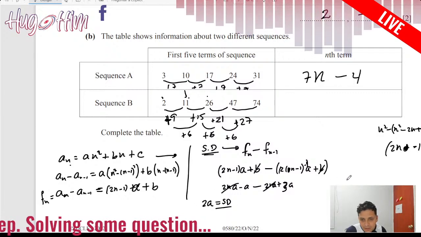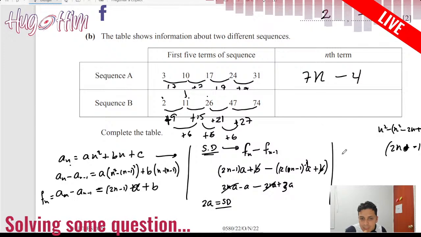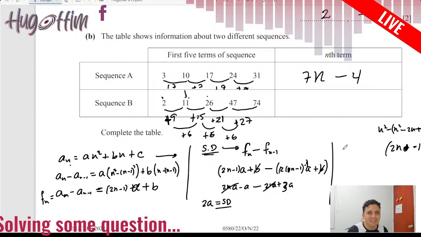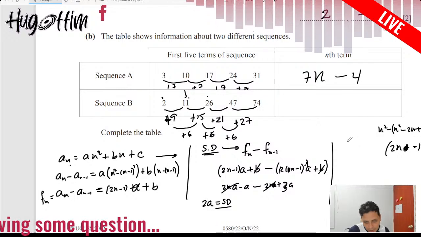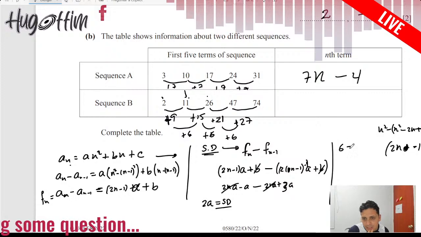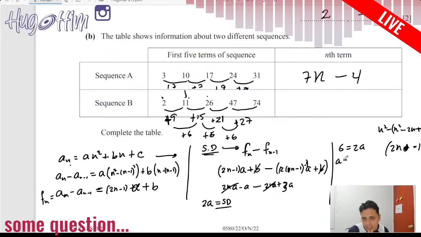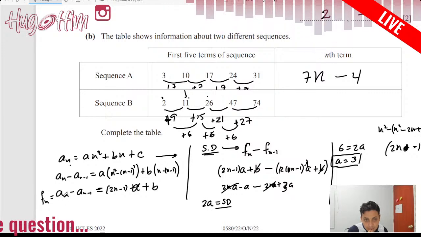As 2a is the second difference, this is something you should remember, but I forgot it, so I did it quickly here. So 6 in this case equals 2a, so a is 3. As the second difference is 6, I'm going to use any first difference.